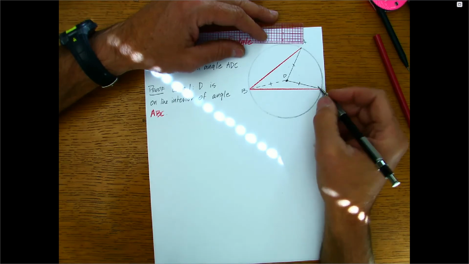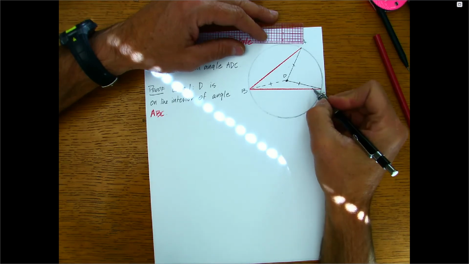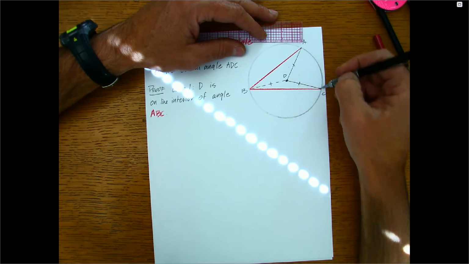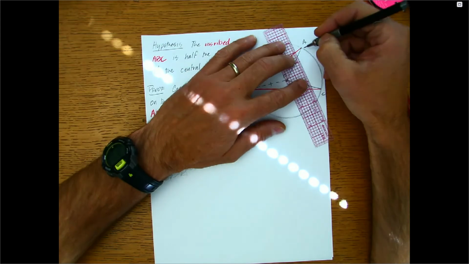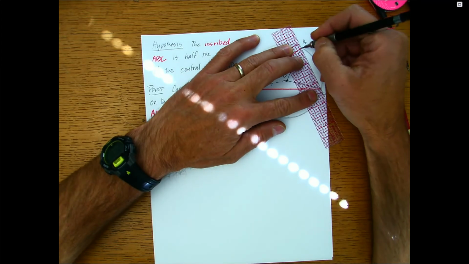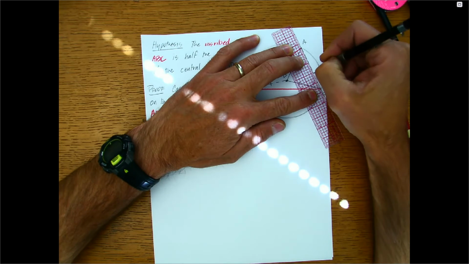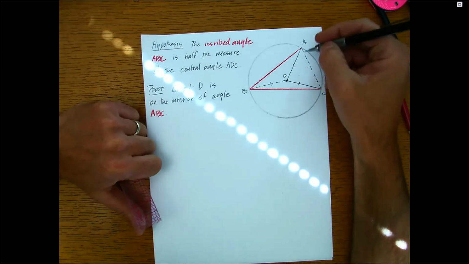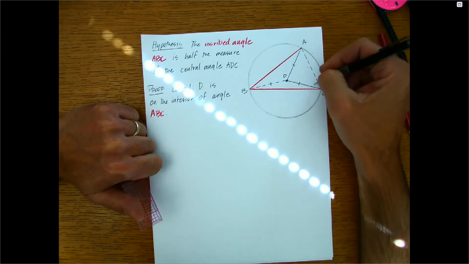Now I feel a little bit better because I've got an isosceles triangle there, an isosceles triangle there, and another isosceles triangle I could draw in right here. I know some things about isosceles triangles, namely that the base angles are going to have to be congruent.